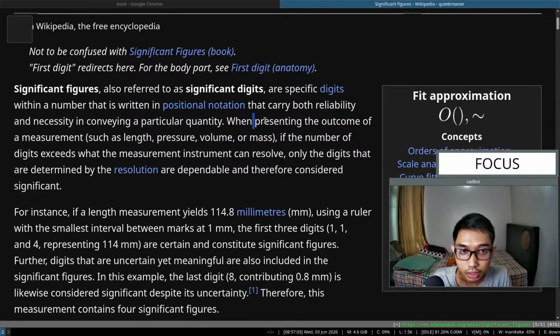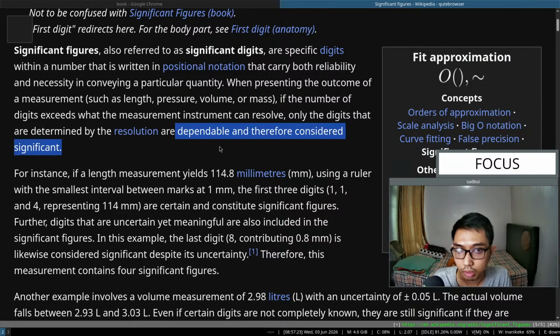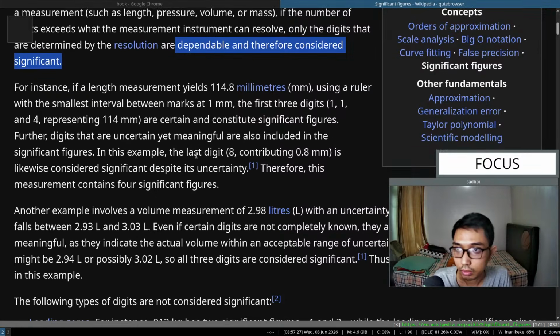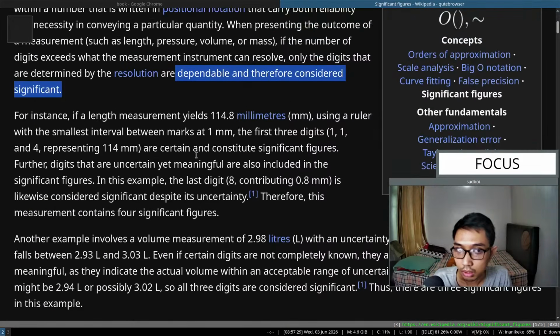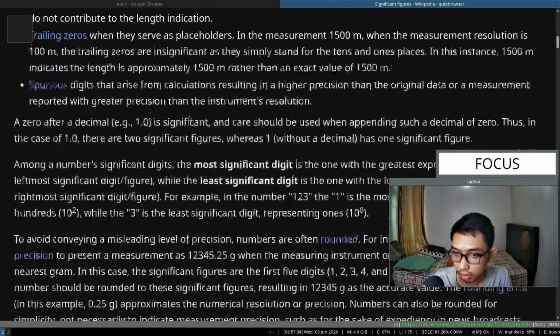When presenting the outcome of a measurement, such as length, pressure, volume, or mass, if the number of digits exceeds what the measurement instrument can resolve, only the digits that are determined by the resolution are dependable and therefore considered significant. Check.